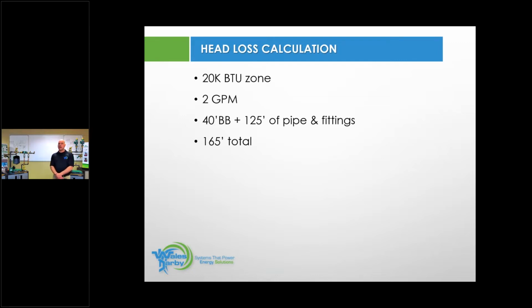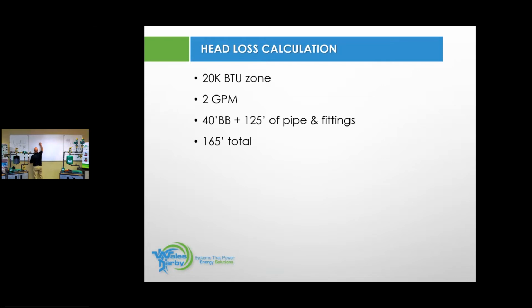Use your head loss calculation on page 44 in your TACO handout that was shipped out to you guys. You get answers? Not yet. Okay, so I'm going to write the formula on the board.